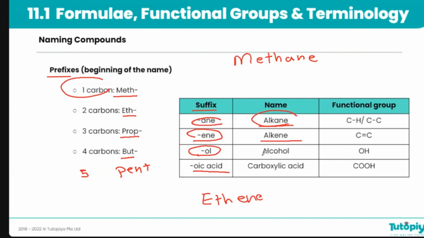If it is an alcohol with 3 carbons, then we start with prop, end with -ol, and it becomes propanol. And then if it is a carboxylic acid with 4 carbons, it would be butanoic acid.